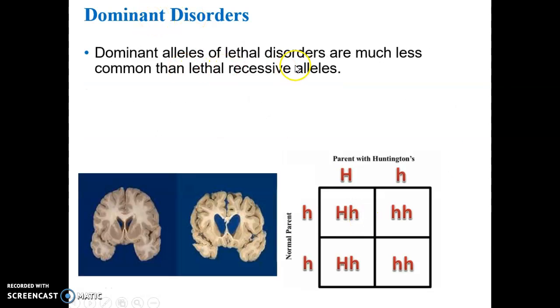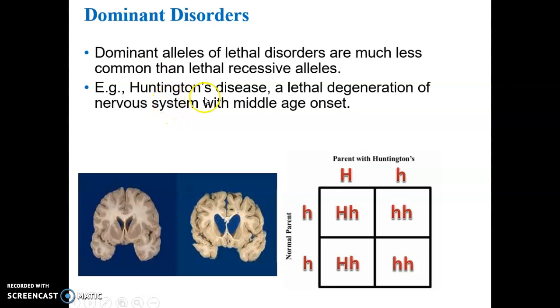So another one: some dominant alleles of the lethal disorders are much less common than the lethal recessive alleles, because the dominant alleles will tend to lead to a higher percentage of the population dying, especially if they die before they reach adulthood, before they can mate and pass on that disorder to their offspring.